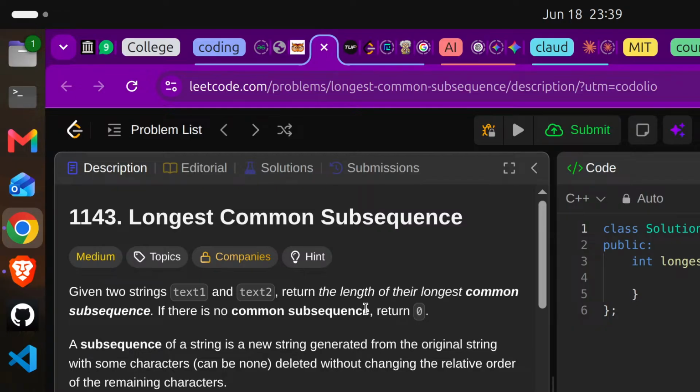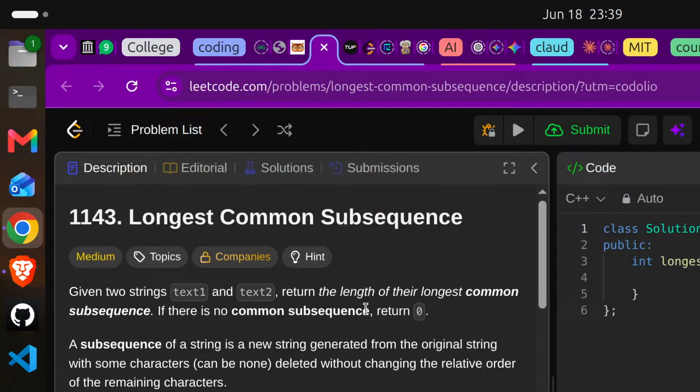Vector of vector of int with -1 here, right, and we pass this dp from here, and we take this dp from here. Here we will pass that also, right? Like this, pass it by reference. Right? Okay.